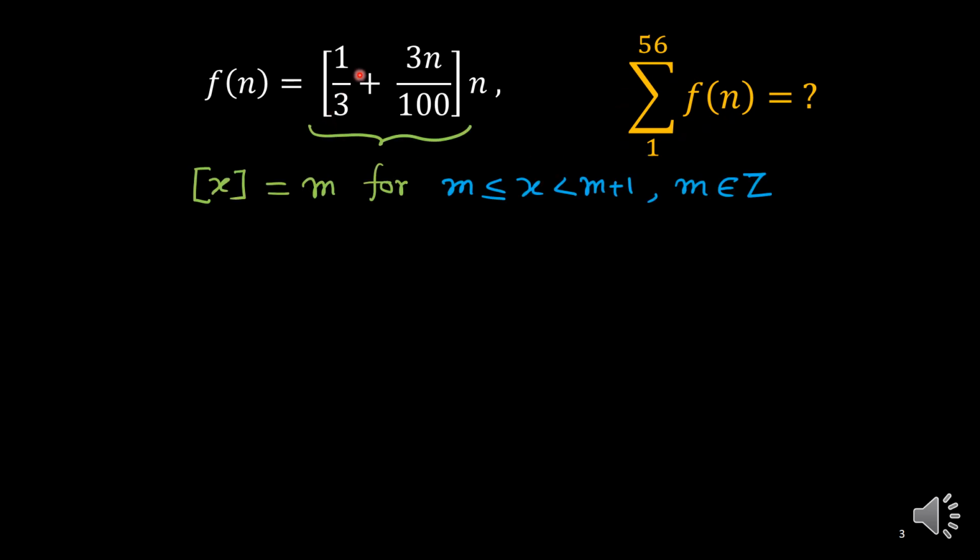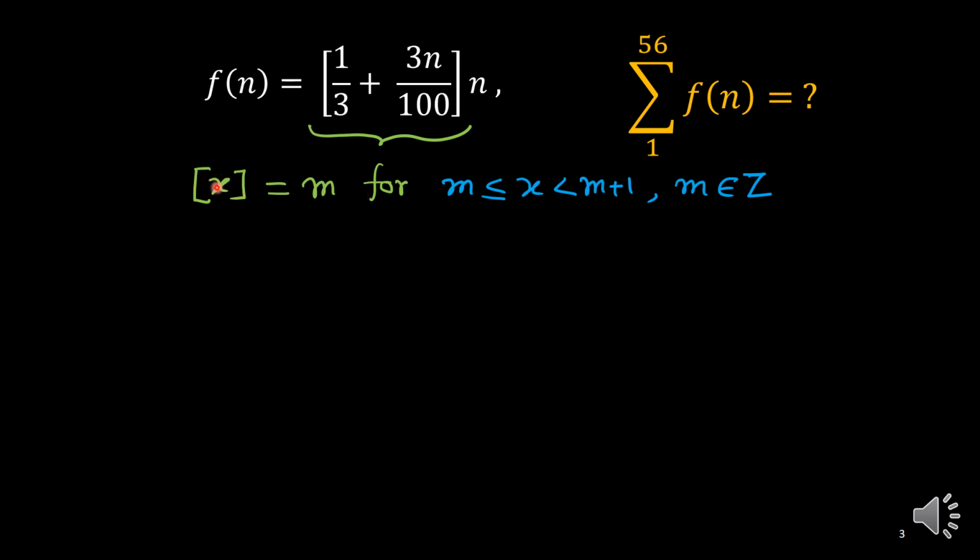Now here, this term is the greatest integer function. The greatest integer function of x will give you an integer m if x is within m to m plus 1, where m is an integer. Like if x is 2.5, 2.5 is within 2 to 3, so its greatest integer would be only 2.